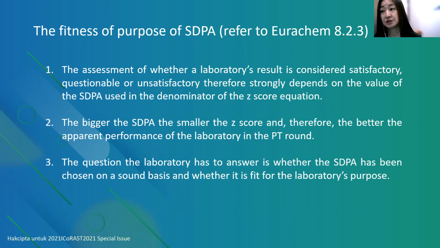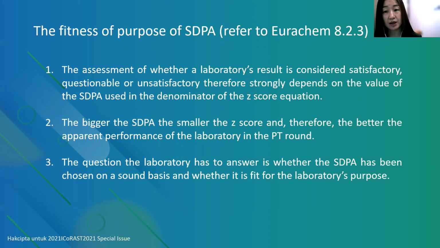For more detail, we can refer to Eurachem 8.2.3. The assessment of whether the lab result is considered satisfactory, questionable, or unsatisfactory therefore strongly depends on the value of the SDPA, because in the z-score equation, the SDPA is used in the denominator.